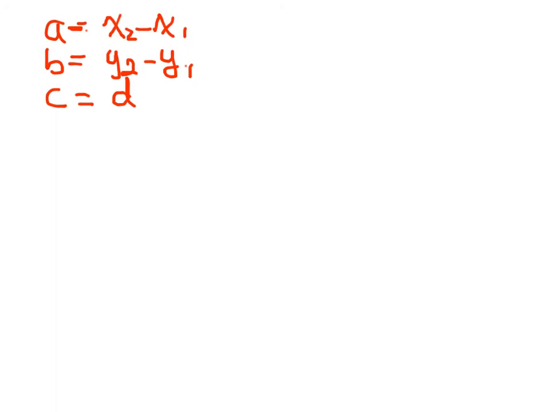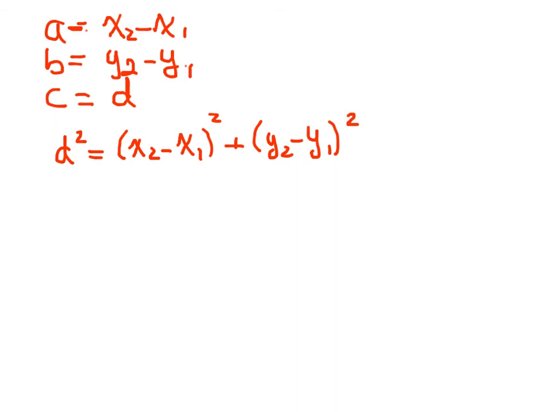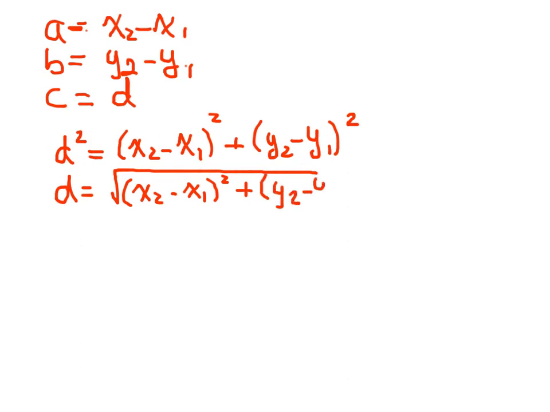So we know that the distance squared is equal to my differences in my x's, all squared, plus my differences in my y's, squared. So what I can do then, if I take the square root of both sides, I can say the distance between 2 points is the square root of x2 minus x1 all squared plus y2 minus y1 all squared.